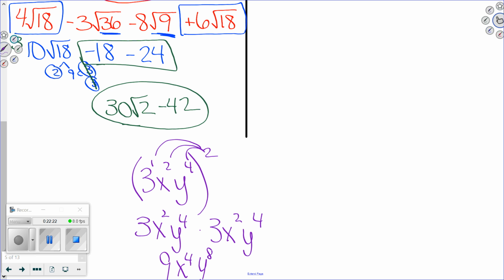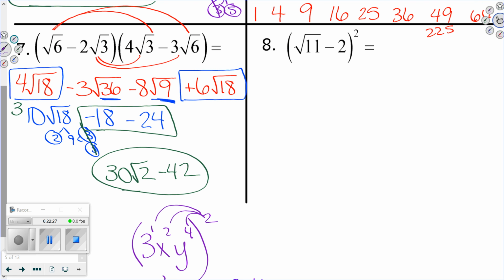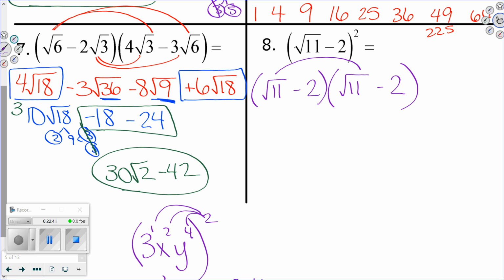It's no different. But what happens up here? To multiply this by itself, let's see, does that give me anything different than if I just distributed it? Okay, let's go ahead and multiply. What's radical 11 times radical 11? That's just 11.